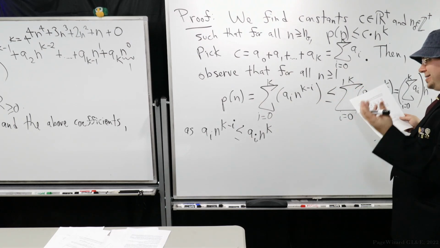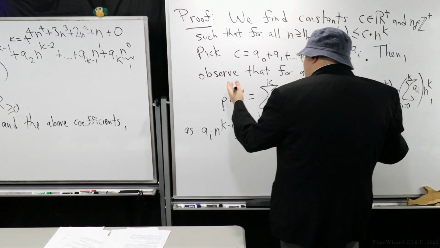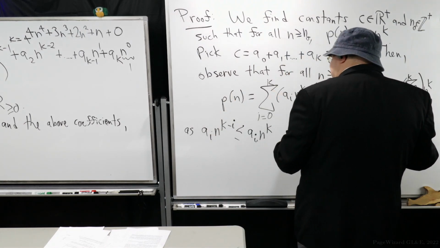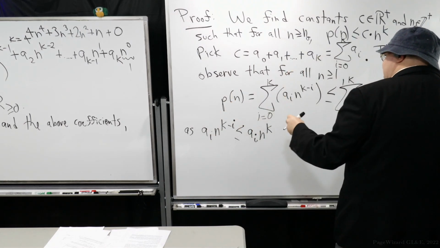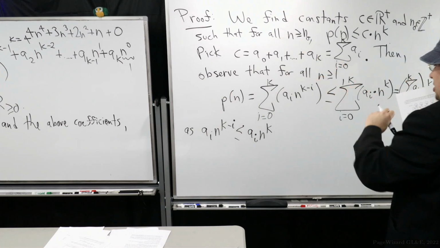This is very important. So if they're both positive, I can just drop these. Then I have n to the power of k minus i is less than or equal to n to the power of k.